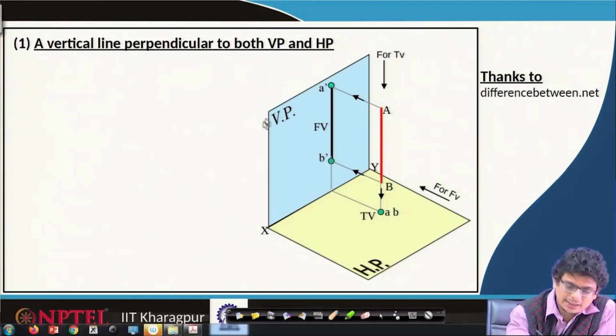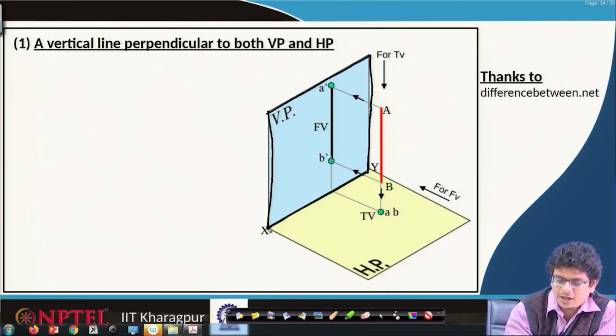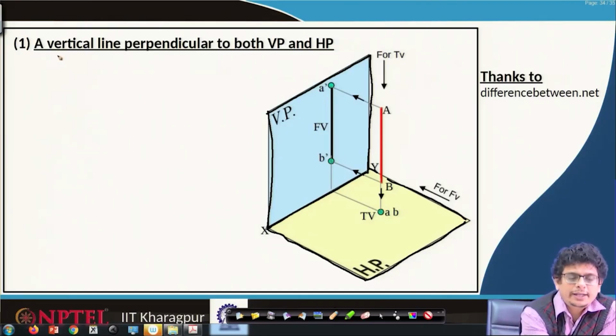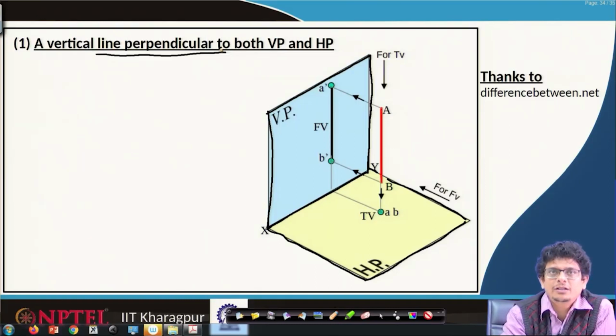Our vertical plane is this one, and the horizontal plane is this one in the 3-dimensional world, and this is a line perpendicular to both vertical plane and horizontal plane. Let us look at that.